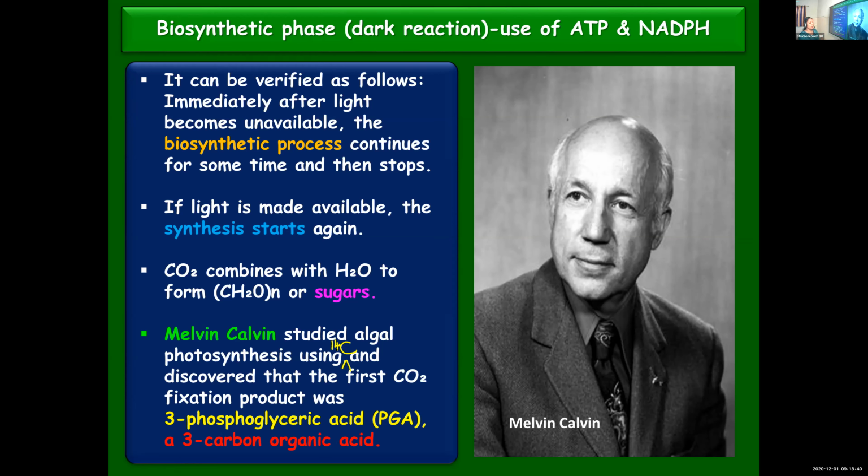Using radioactive carbon, he came to the conclusion that by fixing carbon dioxide, the first product formed is 3-phosphoglyceric acid, an organic acid with 3 carbon atoms. We will learn more about that. He used carbon 14 to trace the pathway of the molecule, because it is radioactive and so we can trace its path.